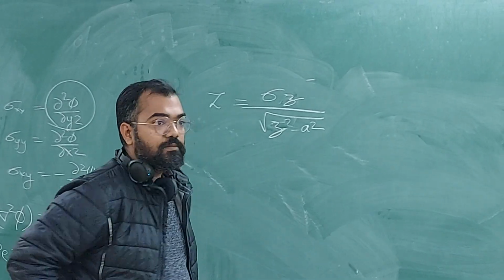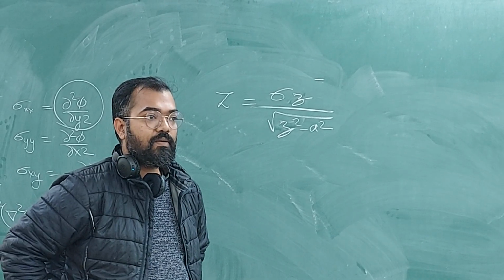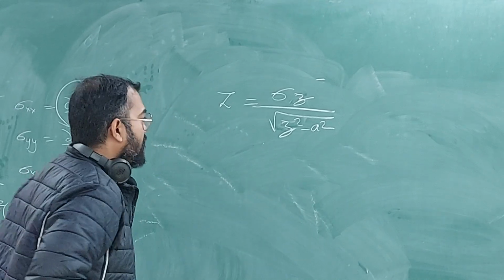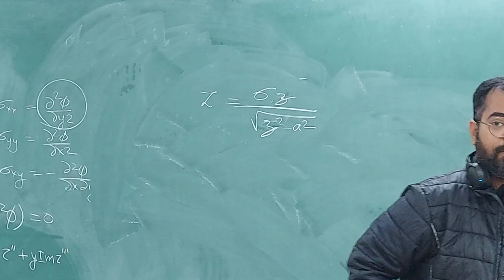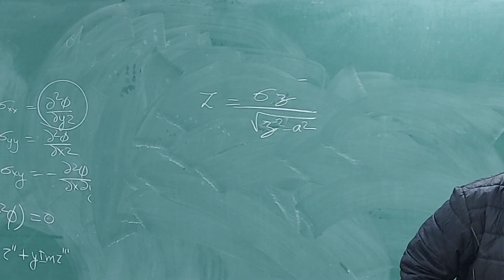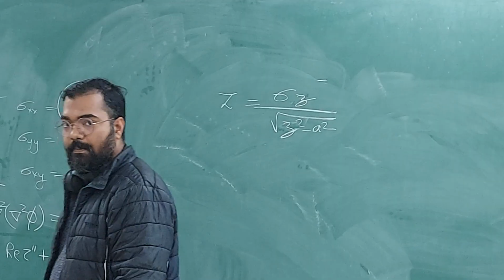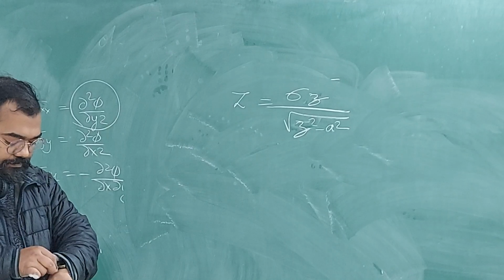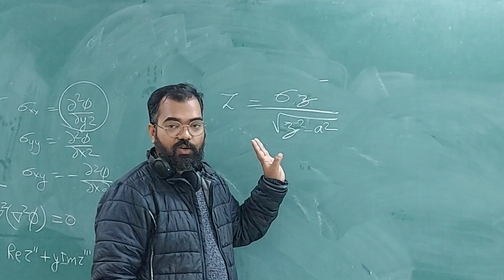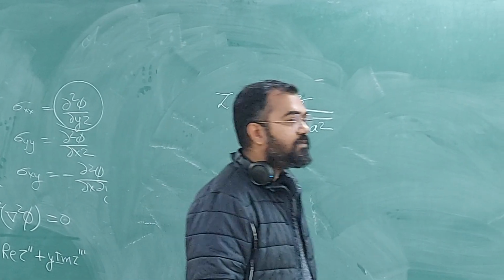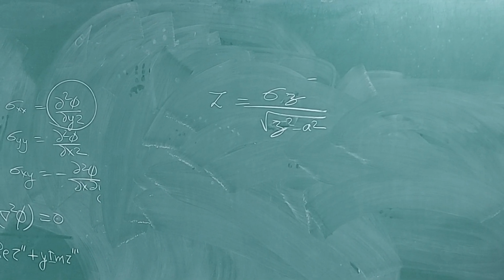So now what do we do? You try to satisfy the boundary conditions in your tutorial with this function. Those are the boundary conditions, and you need to satisfy them using this equation. Then, after doing all those things, at the end, what Irwin does is that he shifts the origin from here to the tip of the crack.